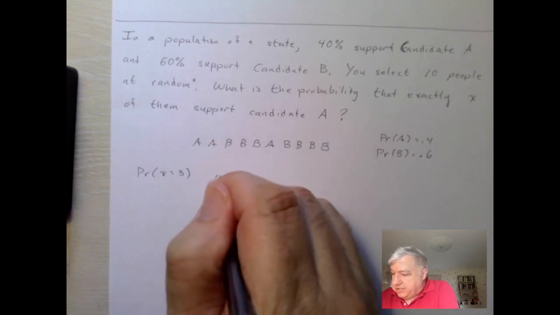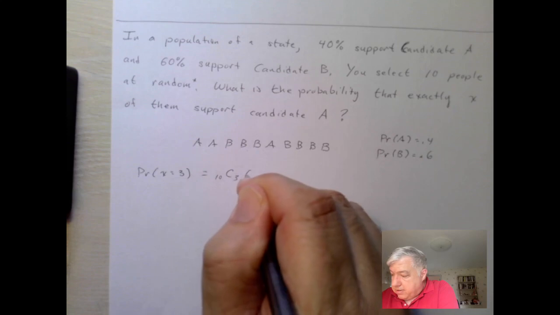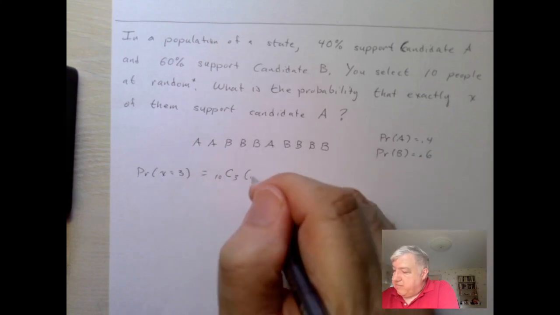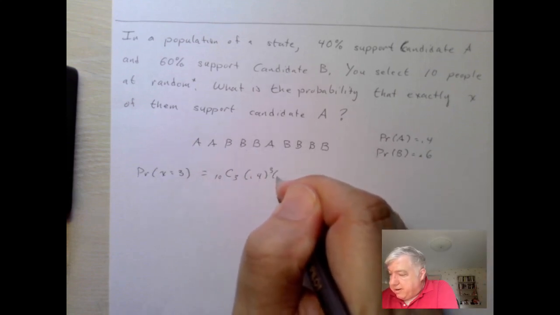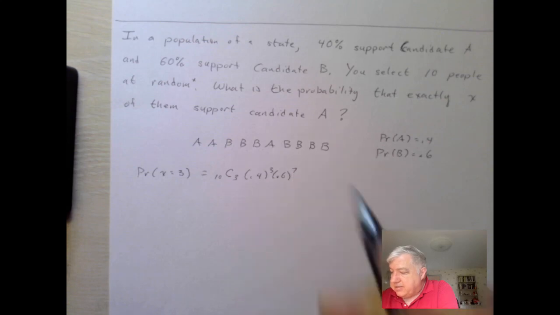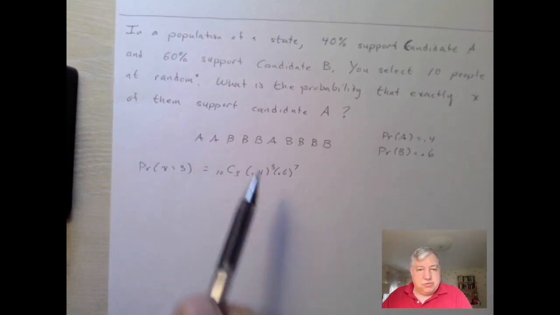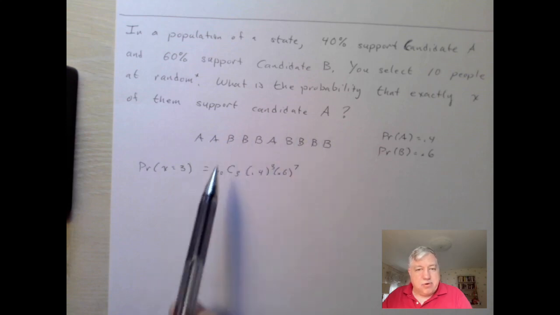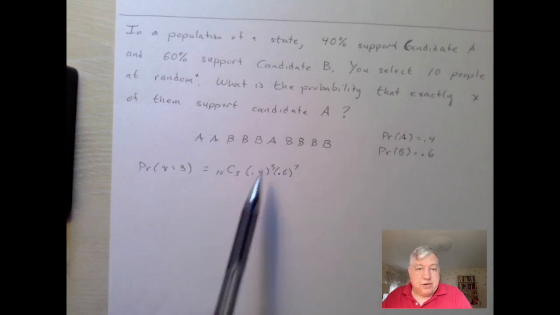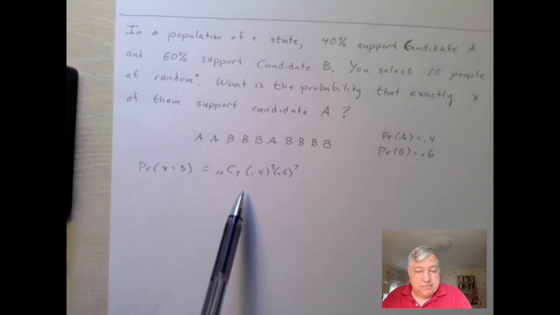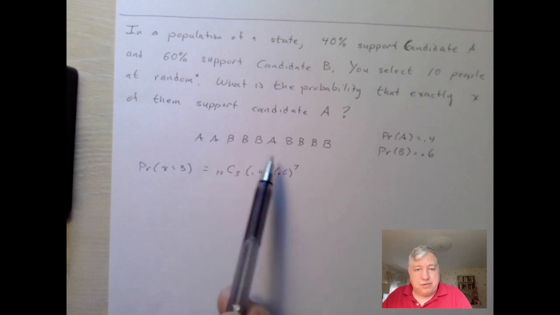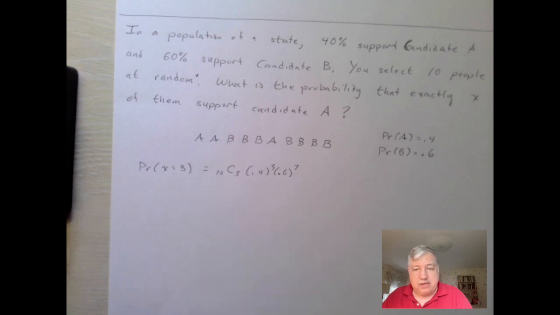Well, it would be 10 choose 3 times 0.4 cubed times 0.6 to the 7th power, right? Because this 10 choose 3 is the number of outcomes where we have exactly 3 A's, okay? And this is the probability of exactly one event like this.